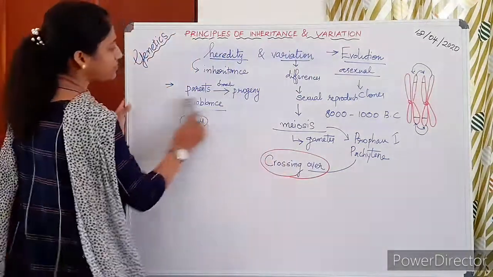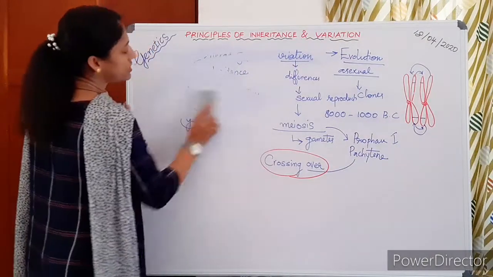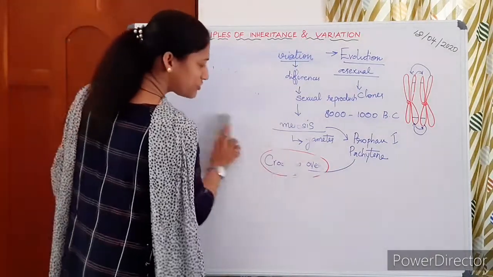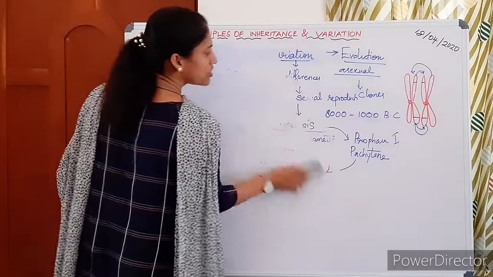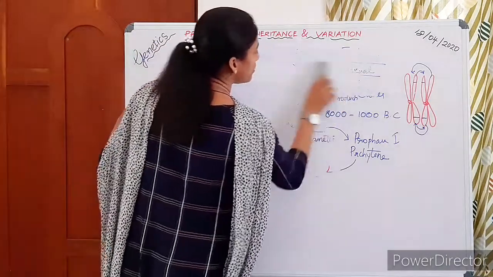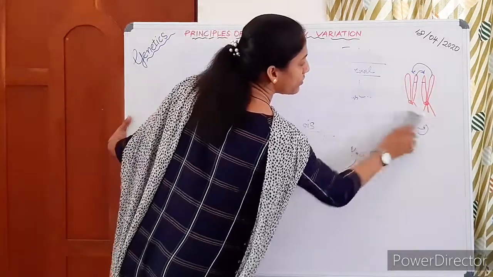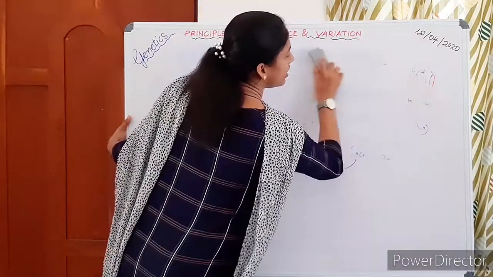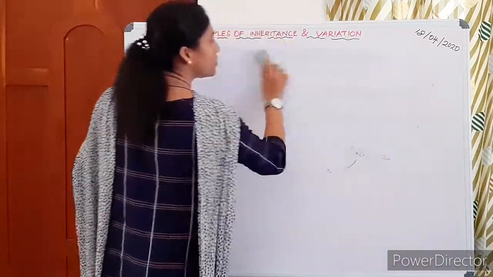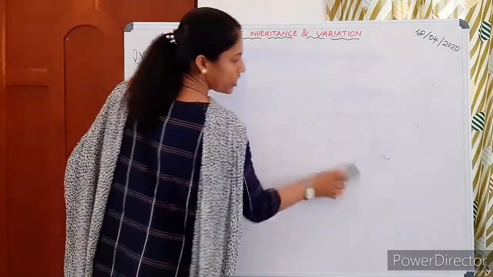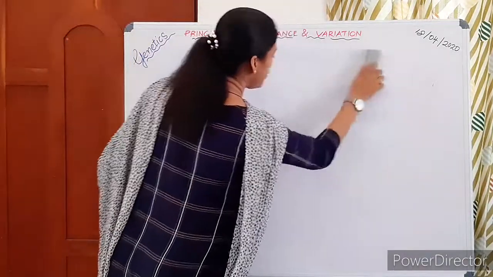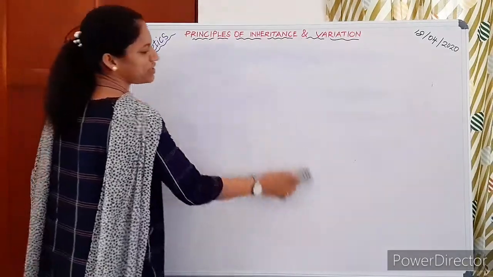Then we can discuss genetics under 3 areas. Genetics is divided into 3 parts: pre-Mendelian, Mendelian and post-Mendelian genetics. And as per your NCERT textbook, not much concern is given to pre-Mendelian genetics. So we start with Mendelian genetics.